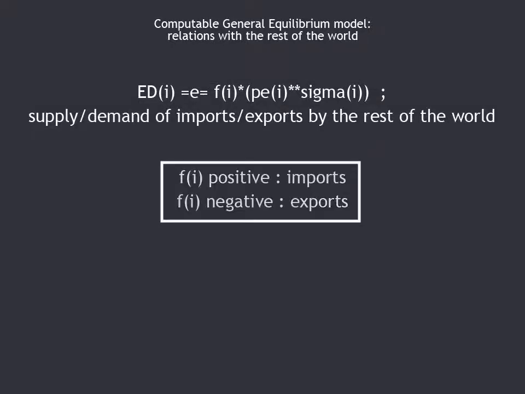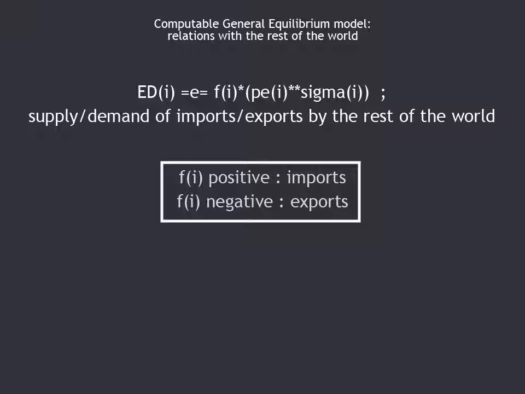And in fact, with ED positive, imports, we've got F in sector i, which is positive. While if ED is negative, we've got exports and F in sector i is negative. So in fact, F and ED have exactly the same sign. Why? Because in these equations, on the left side you've got ED, which is either positive or negative.